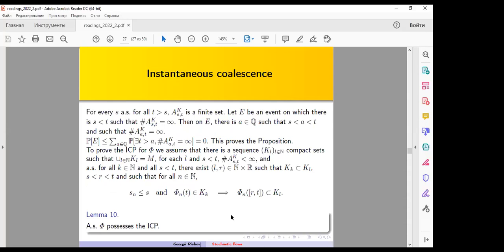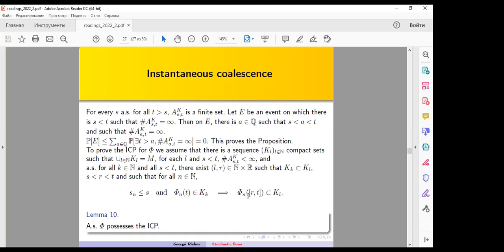We assume that we can cover M by compact sets K_k, for which we have this instantaneous coalescing property, and every compact K_k is contained in some compact K_l, such that if phi_n(t) belongs to compact with index k, then for some time it stays in a compact with index l.